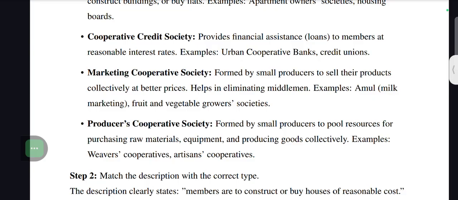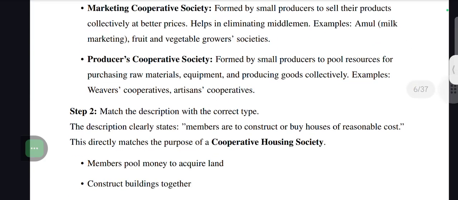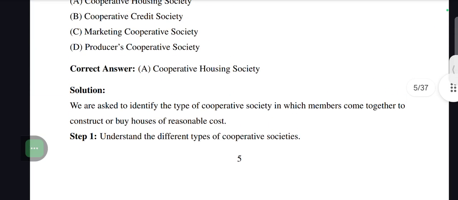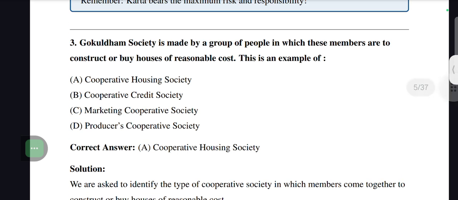According to these definitions and the question given, Gokuldam society is made by a group of people in which members construct or buy houses at a reasonable cost.